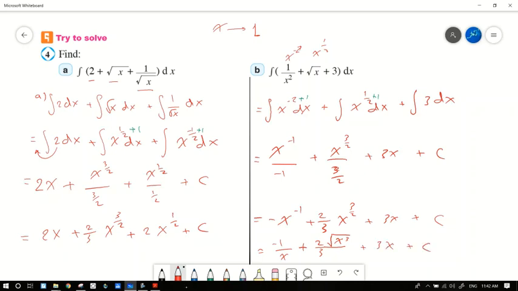And to make sure that you are solving right, you have to find the derivative of this expression. It will give you the first expression given in the integration. Let's move to another example.